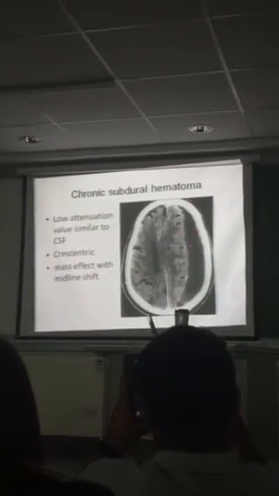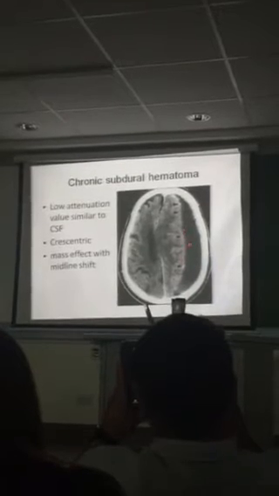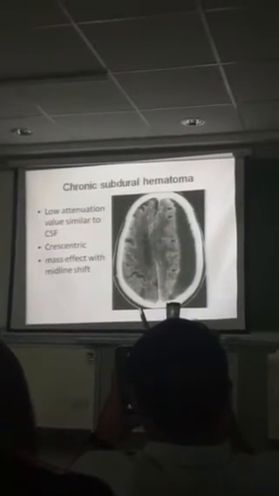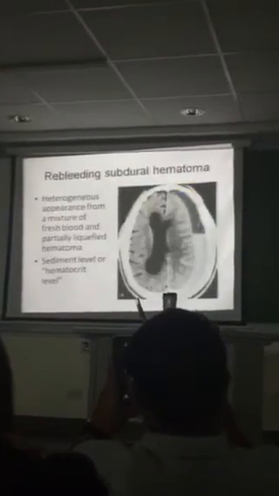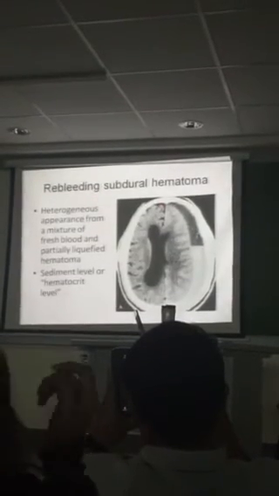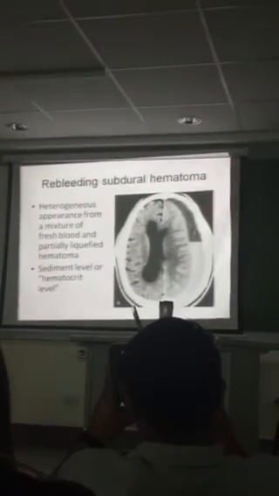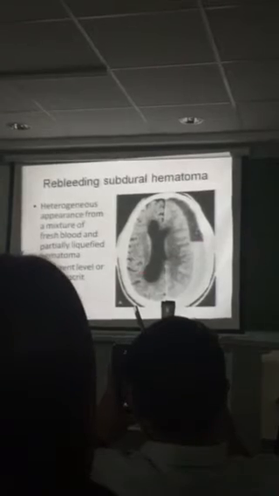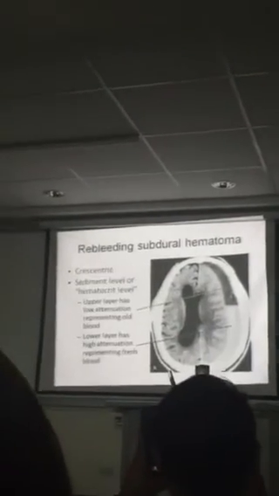Chronic subdural hematoma on CT has about the same attenuation as the CSF. This is an example of rebleeding subdural hematoma, so we have a hematocrit level, it may come out.